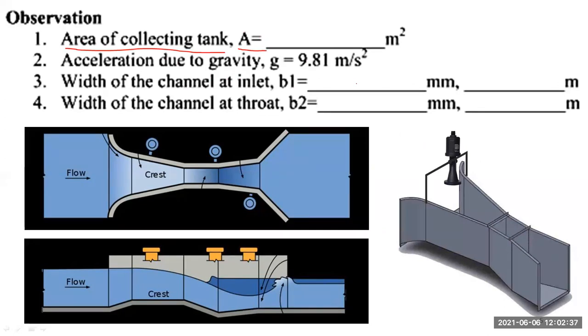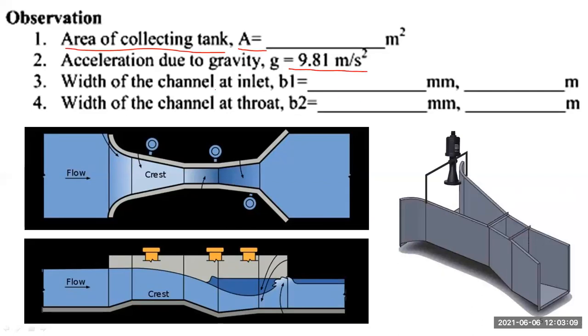If it is mentioned directly in the experimental setup specification, you can take the area of the collecting tank directly from it. If it is not mentioned, just measure the width and length of the collecting tank, and afterwards you can calculate the area, that is width into length.